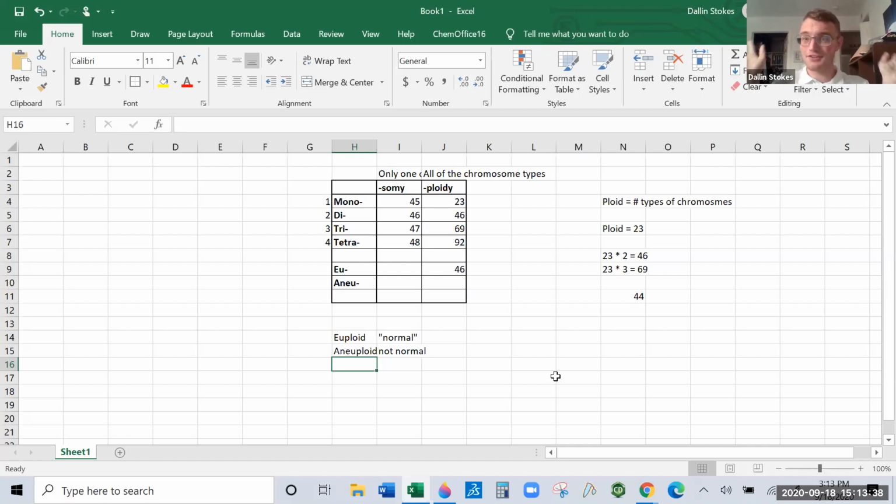Aneuploid is just a catch-all term for anything that's not normal. So a monosomy is also an aneuploid, and a monoploidy is also an aneuploid, unless you're a sex cell, because a haploid would be normal for a sex cell. It's a little tricky, but don't overthink it too much. Just remember that euploid is whatever's normal, and aneuploid is anything that's not normal.